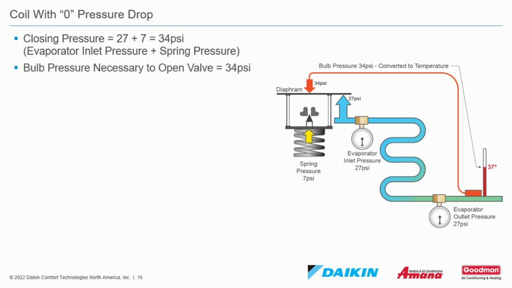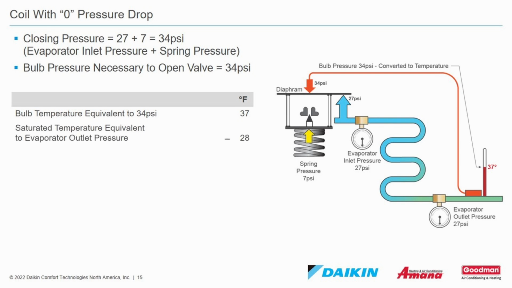The bulb pressure necessary to open the valve is 34 psi. So if we use a PT chart, the bulb temperature equivalent to 34 psi is 37 degrees. The saturated temperature equivalent to the evaporator outlet pressure is 28 degrees. So let's subtract 28 from 37, which gives us a superheat of 9 degrees.